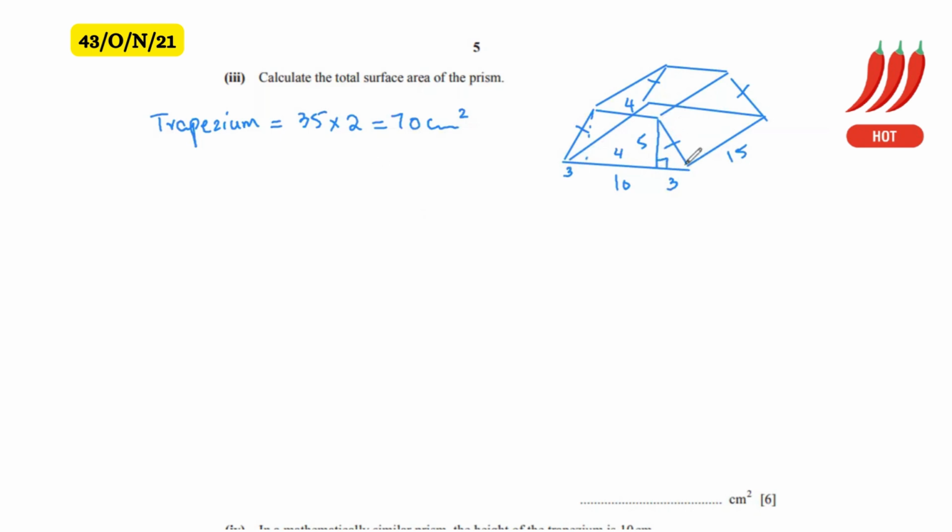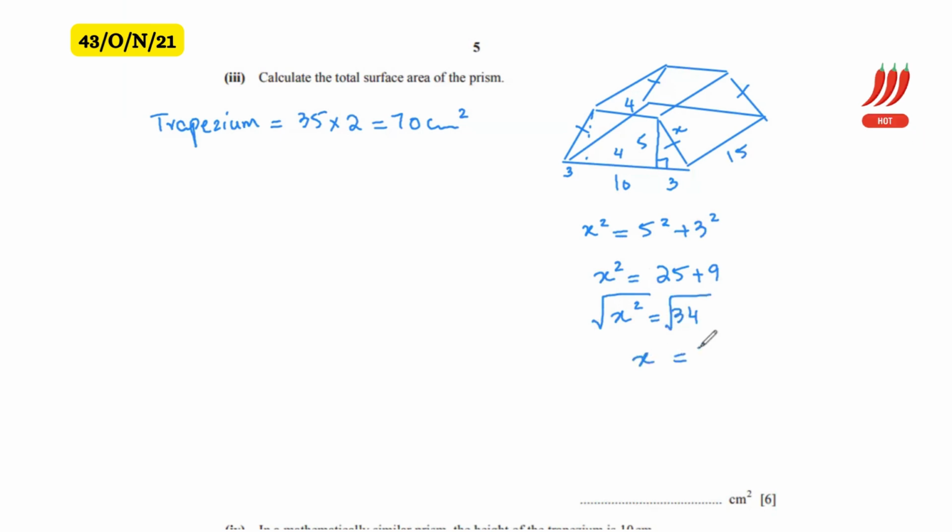This is a right angle triangle. So using this right angle triangle, we can find the slant length with Pythagoras. So we call this x. x squared equals 5 squared plus 3 squared. 25 plus 9, 34. Square root both sides. x is going to be 5.83 centimeters.